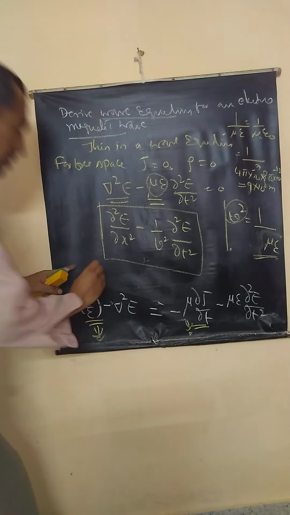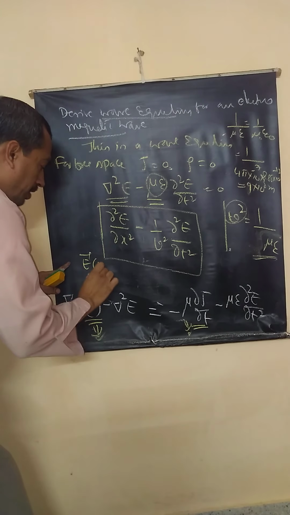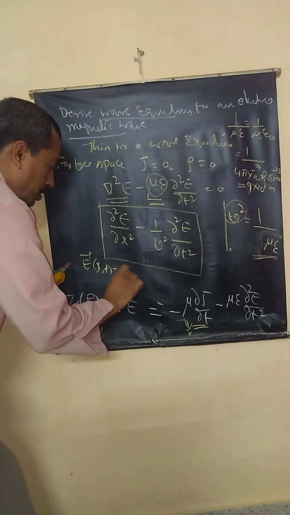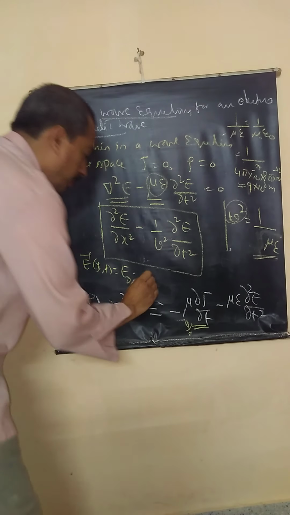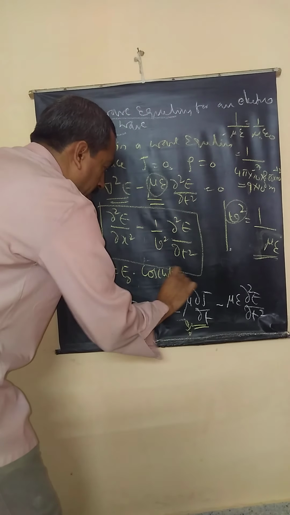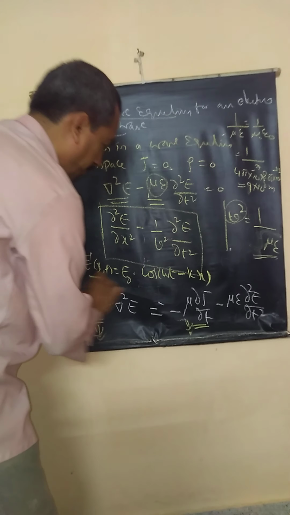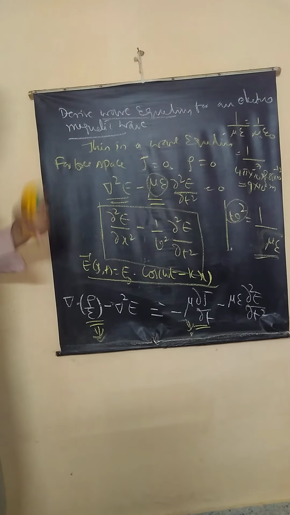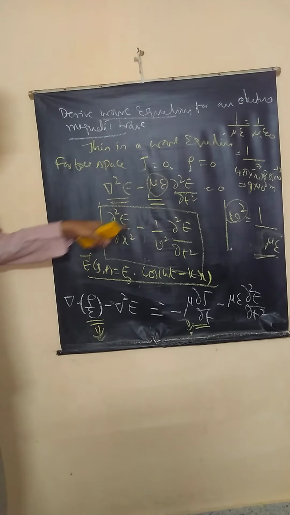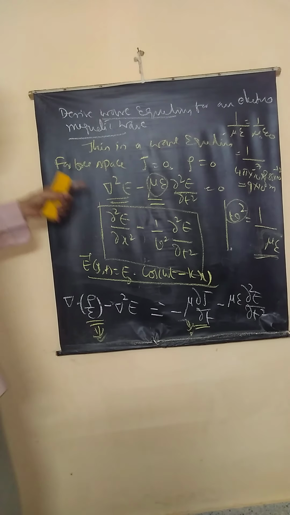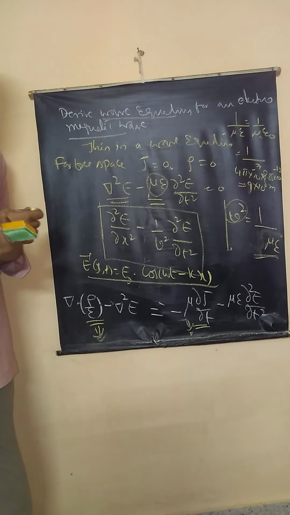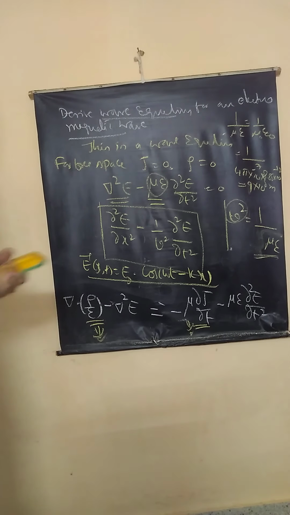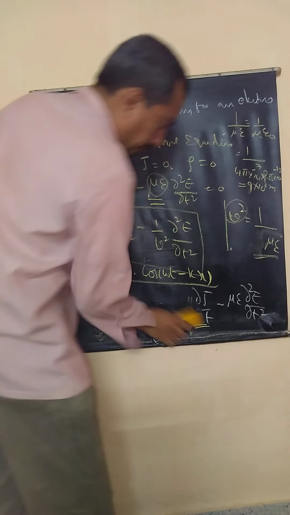What is the solution to this? E_x(t) is equal to E naught into cos(omega t minus kx). This is a standard electromagnetic wave equation. This is the solution to this. So it was Maxwell's modified Ampere's law which led to the wave equation. Correct? This is very important. Please practice this.